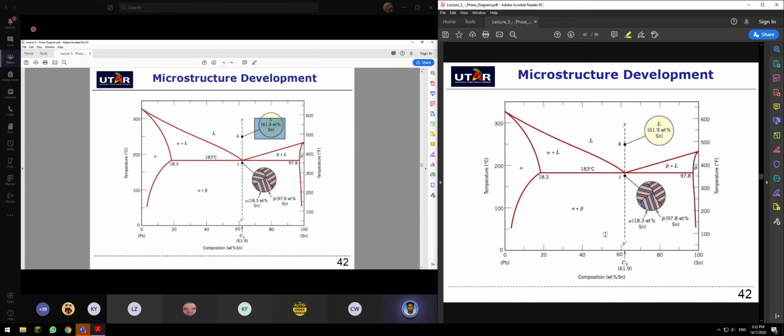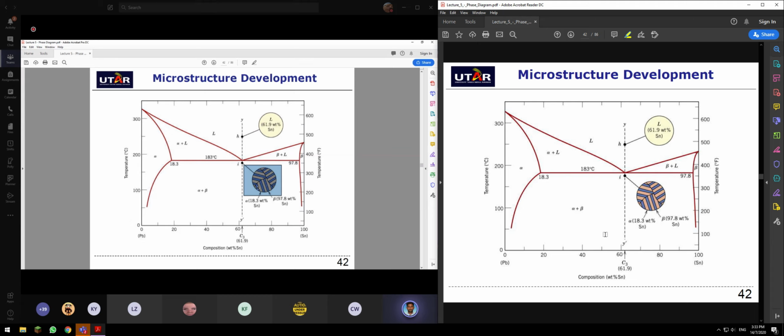When it cools down, it touches the triple point. When it cools down further, you have a combination of alpha at 18.3 weight percentage and beta at 97.8 weight percentage of solids. If you look at the microstructure here, it is more uniform.